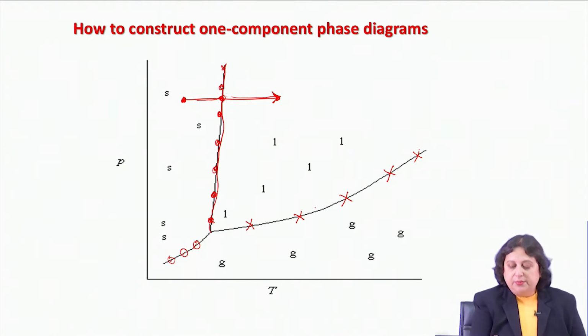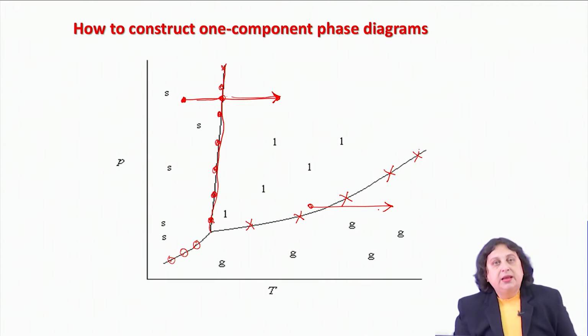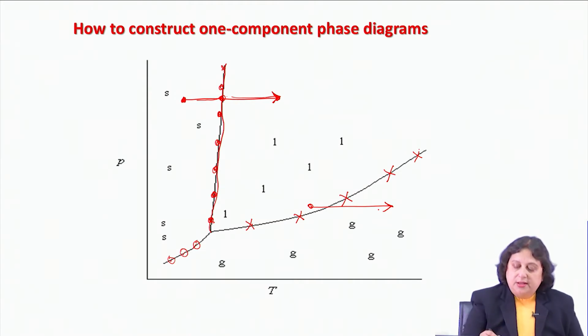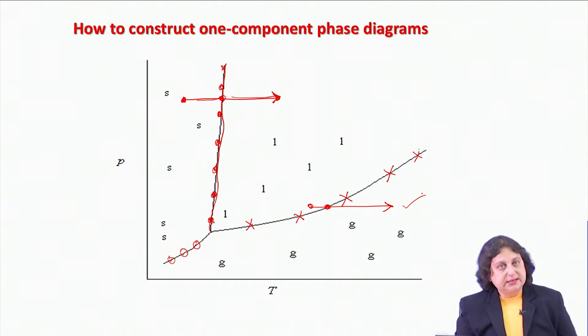Similarly, if I am doing an isobaric heating across this curve, I will encounter heating of the liquid followed by an equilibrium between the gas phase and the liquid phase. Finally, I am talking about heating of the single gas phase.